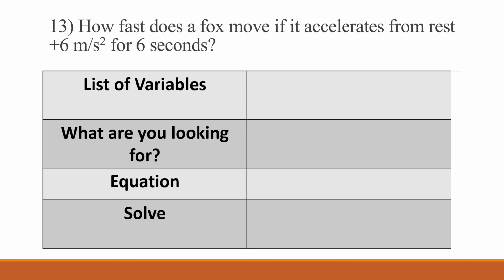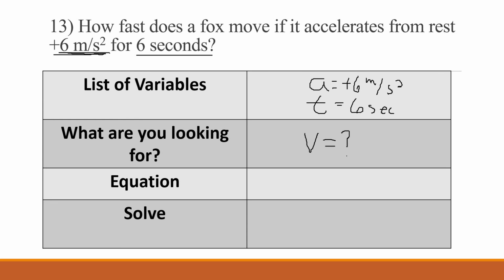How fast does a fox move? Okay, so how fast? Either speed or velocity. If it accelerates from rest, oh, that dreaded acceleration. It's right there. A equals +6 meters per second squared. 6 seconds. Time. So when it says how fast and there is an acceleration, you are actually looking for velocity.